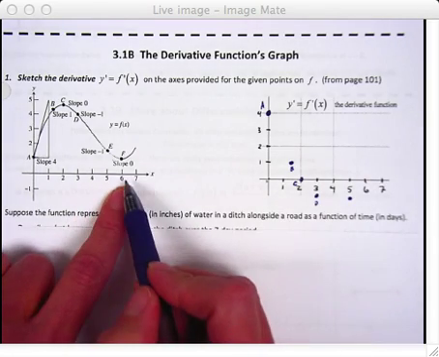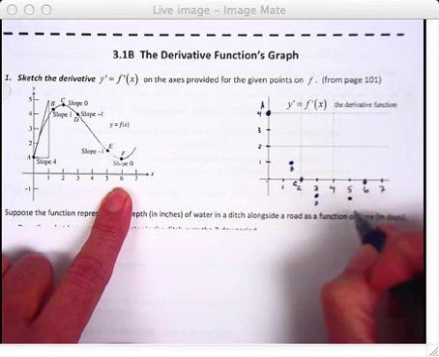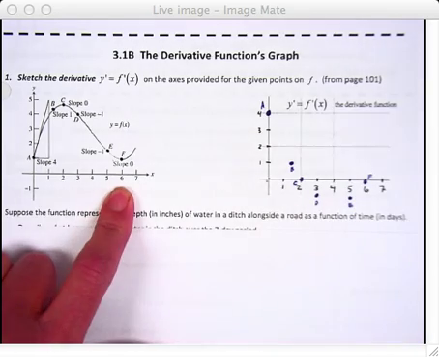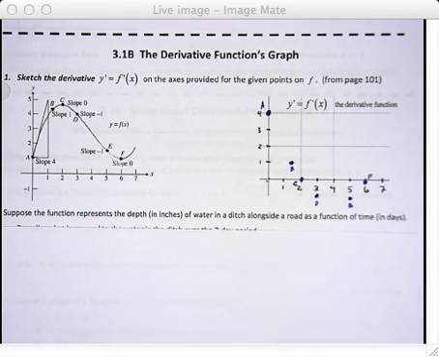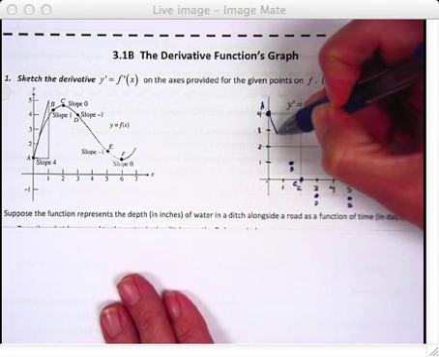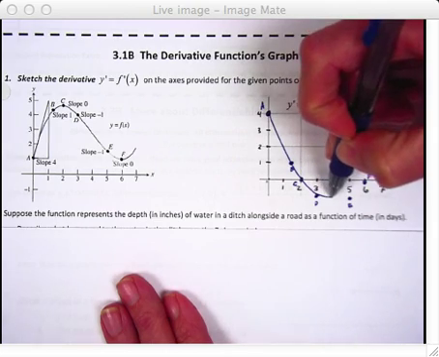And then at 6, the slope is 0. So this is E, and this one here is the F slope. So what I'm going to do is connect these points and draw a curve. It looks like this.